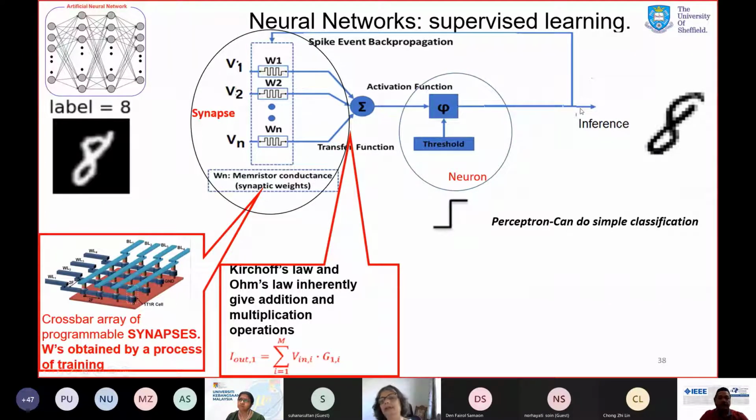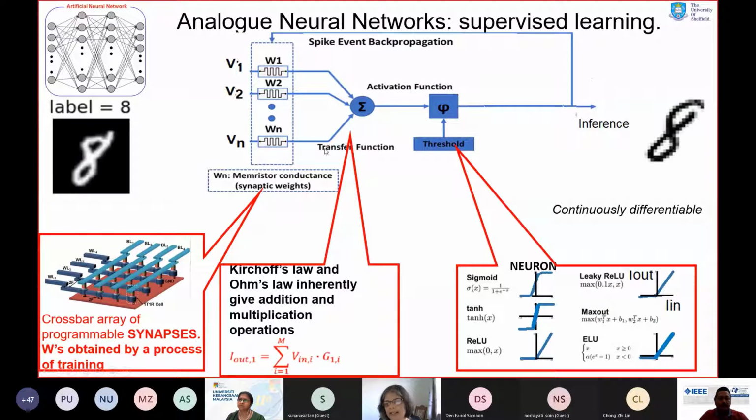And from there, you then get an inference based on which, during the learning process, you can feed back the voltages and make corrections to adjust the conductances of these memristors. Now, the simplest neuron, of course, was on or off, but you can have more sophisticated ones to allow more information. All the world is not black and white.